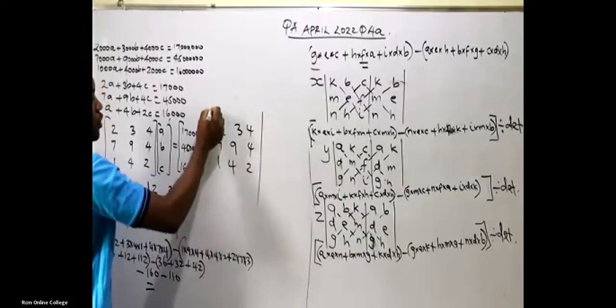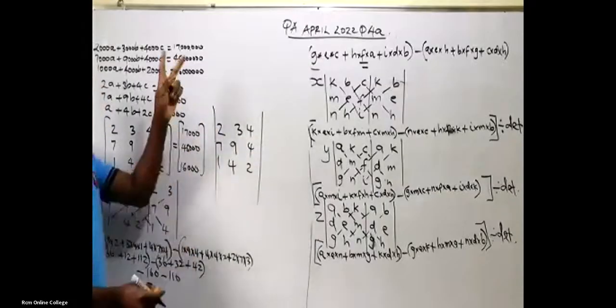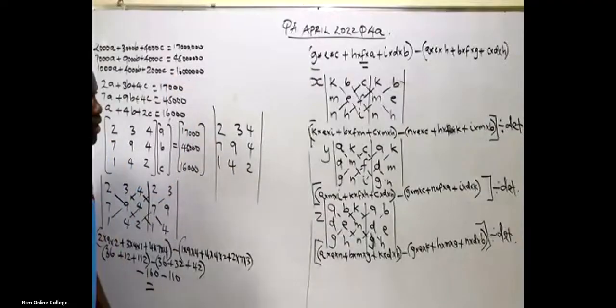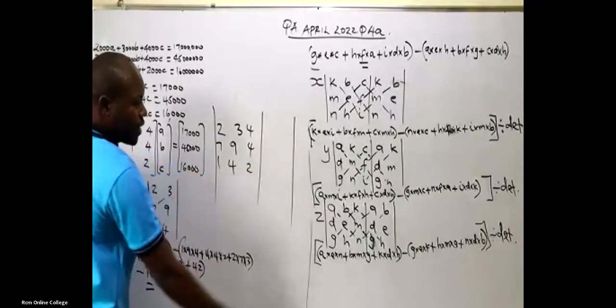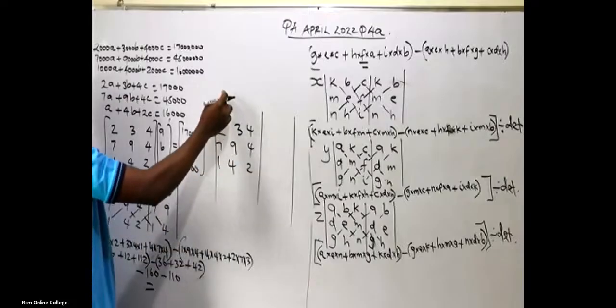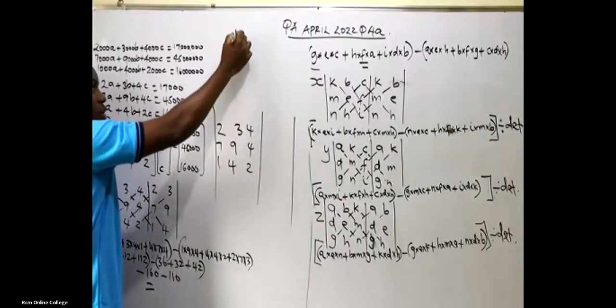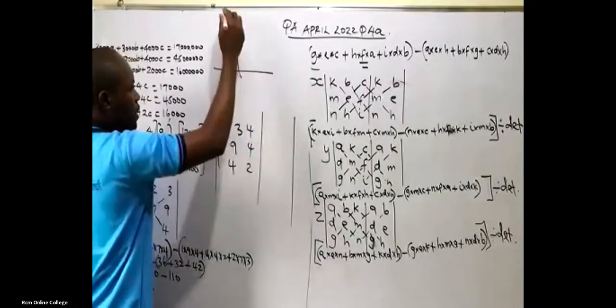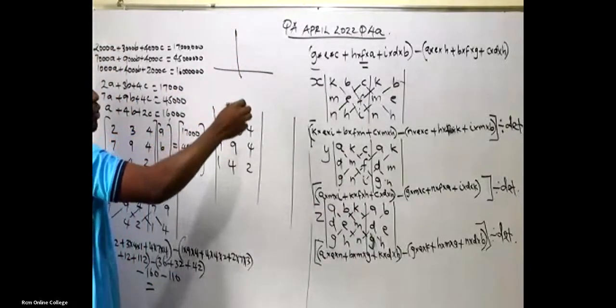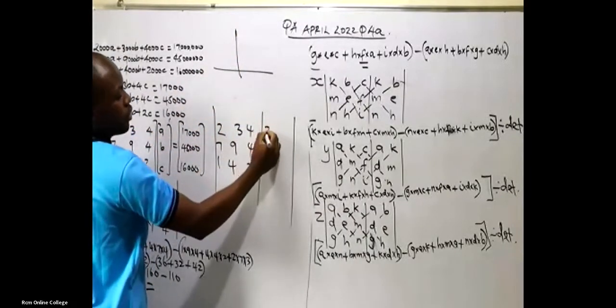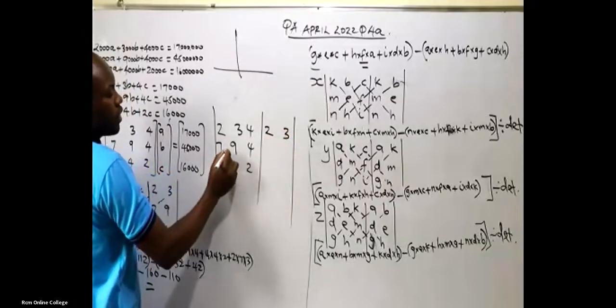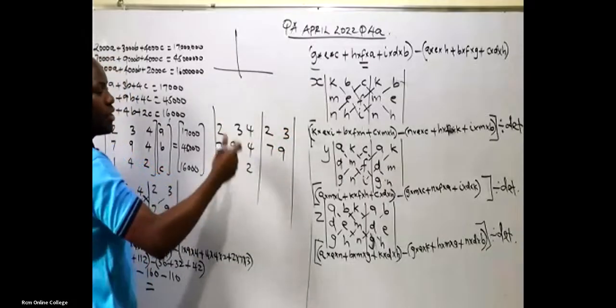We said you pick the first two columns and put it to this other side, the first two columns. Our first two columns is this column, and remember, this is the column and this is the row. Vertically, column. Horizontally, the row. So we have 2 and 3. We bring 2, 3. We have 7 and 9, 7, 9. That is the first two columns.